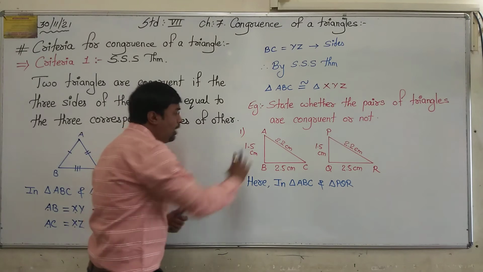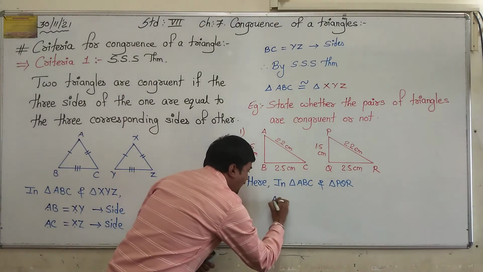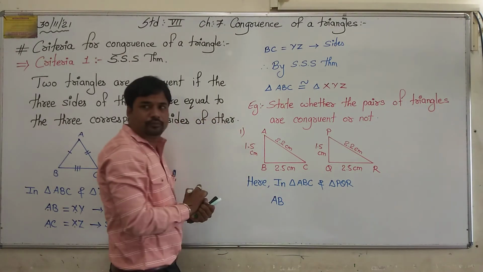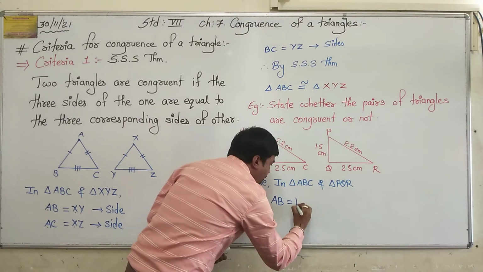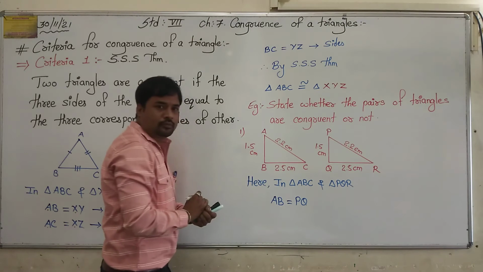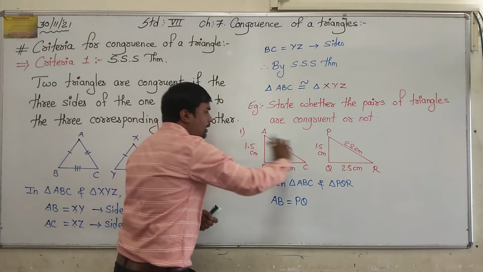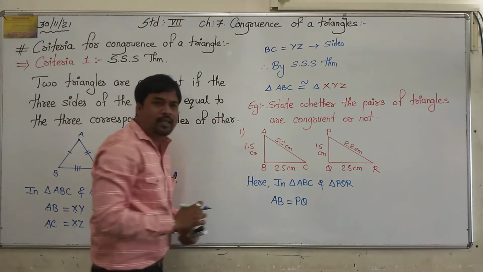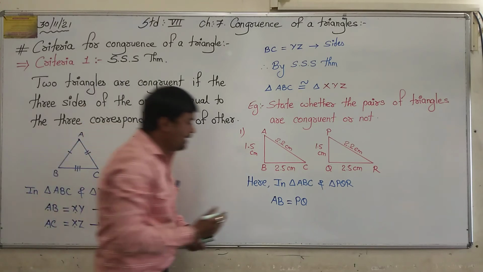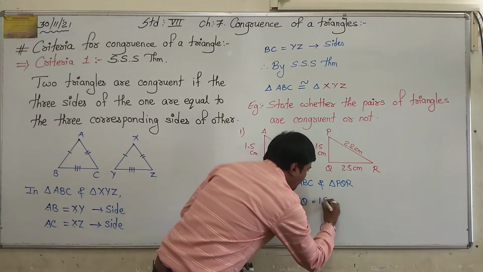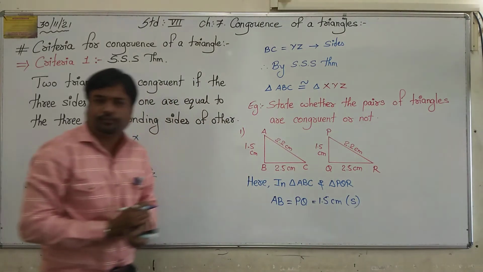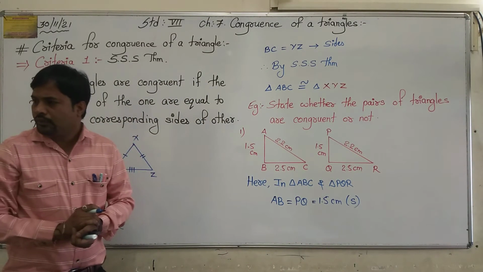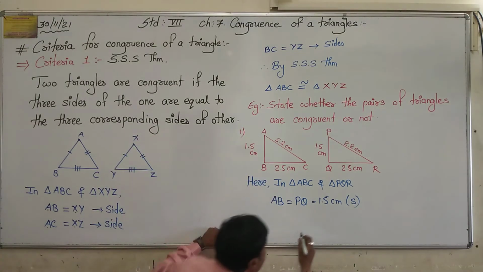So from figure 1, we can say that AB is the same as PQ. From the measurement we can say that it is equal to 1.5 centimeter. What is this? Your side. Again look for another one.